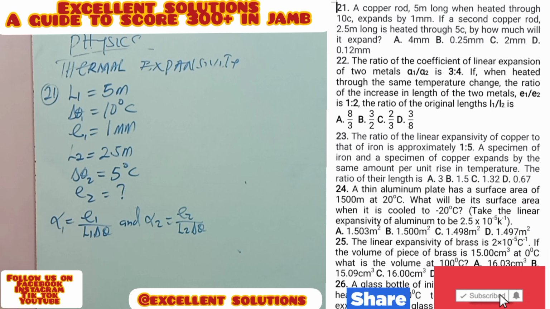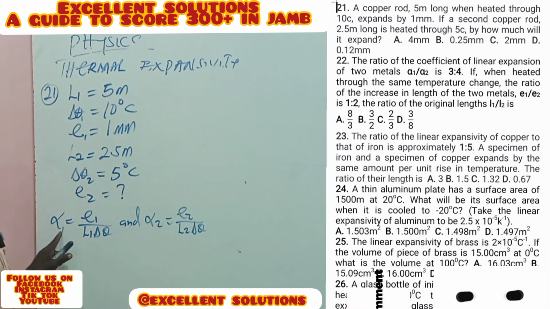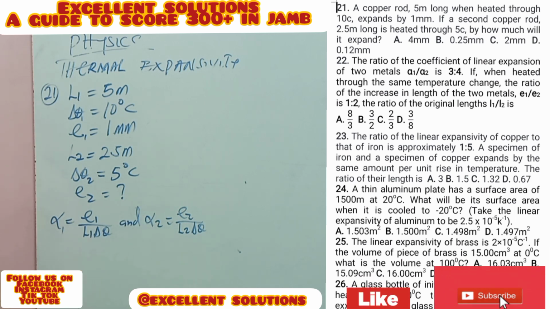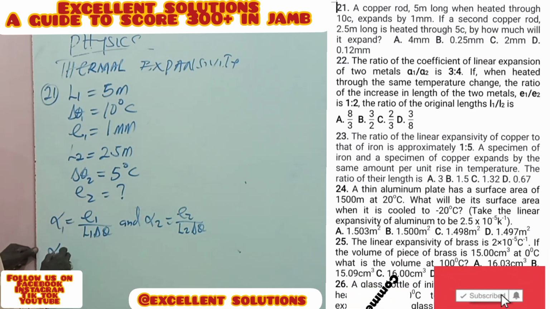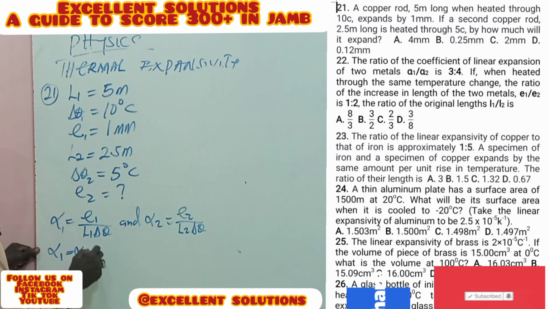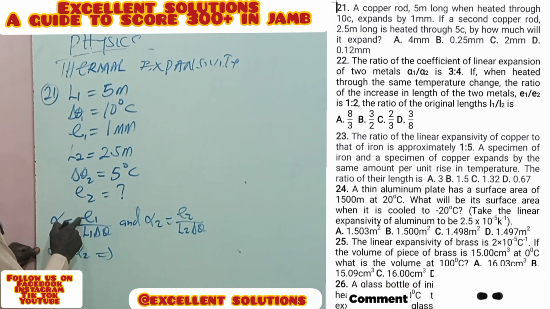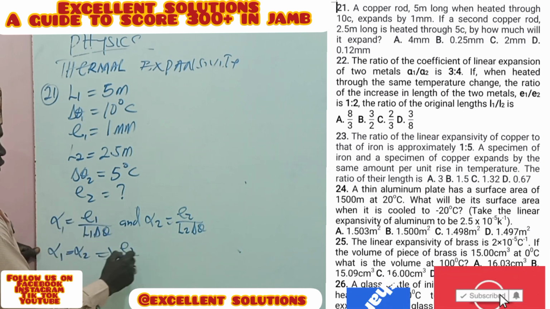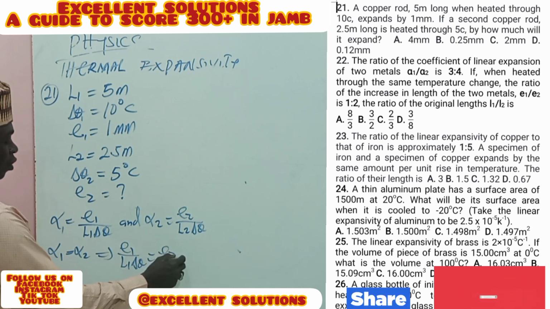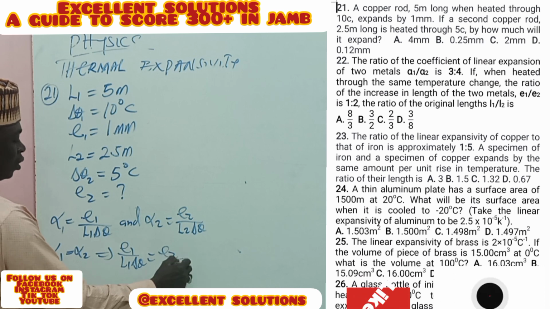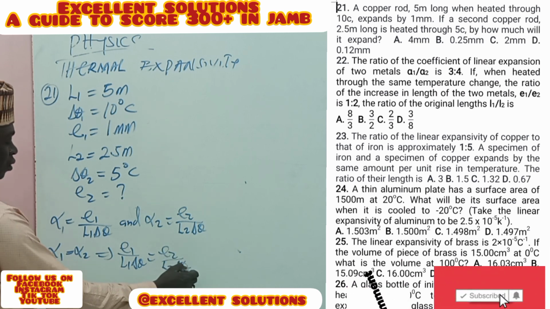But since it is the same material, both of them are copper, that means alpha 1 is equal to alpha 2. So if alpha 1 equals alpha 2, that implies E1 over L1 delta theta 1 equals E2 over L2 delta theta 2.